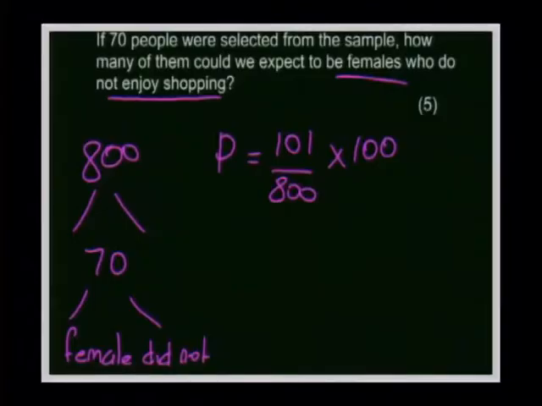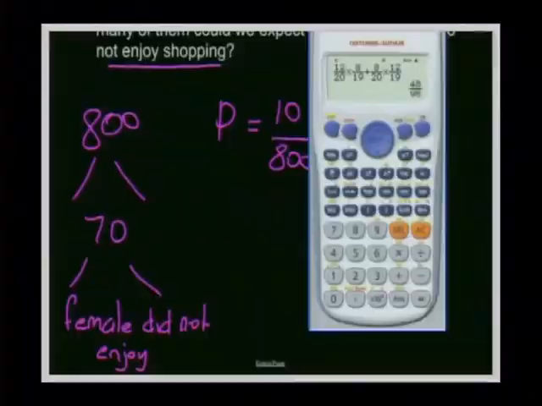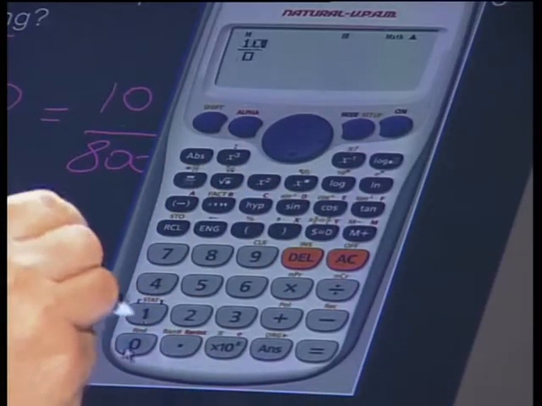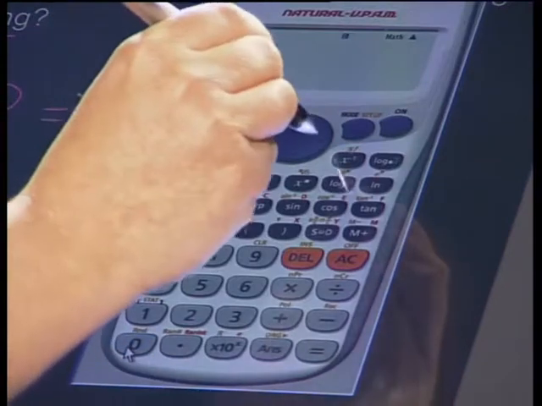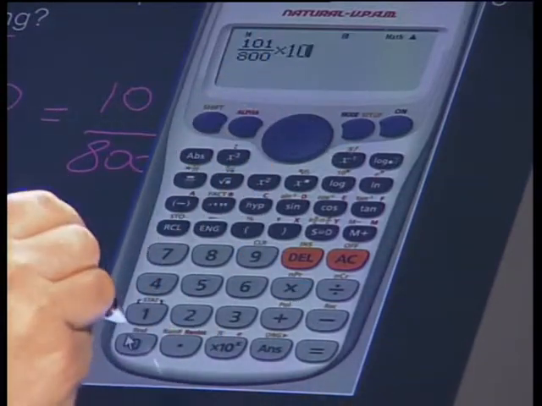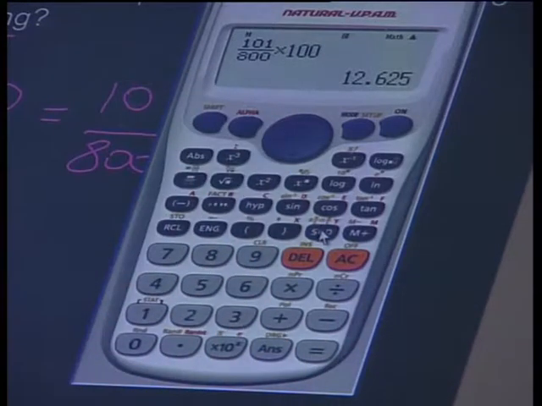So let's work out, of the total 800 people, on our calculator, I've got 101 females who did not enjoy shopping out of my total 800, and I'm going to times that by percentage, and I'm going to get an answer of 12.625%. And I'm not rounding off until the very last step of my calculation.